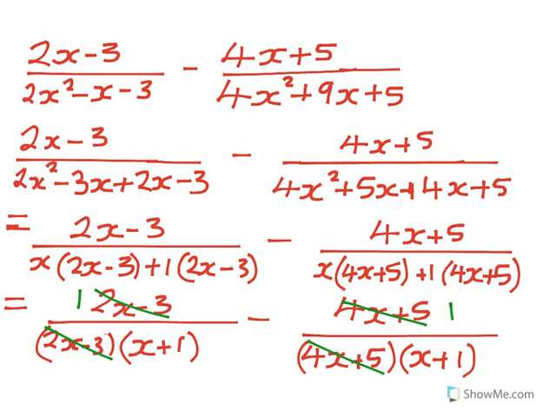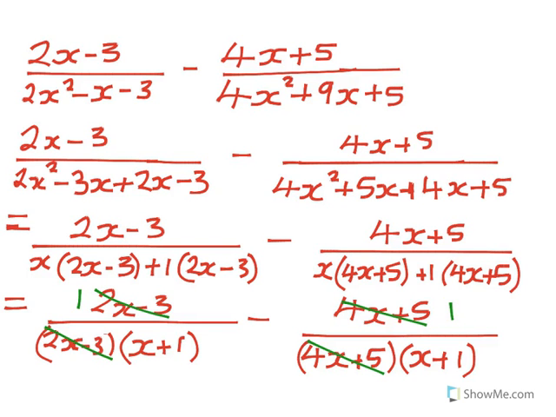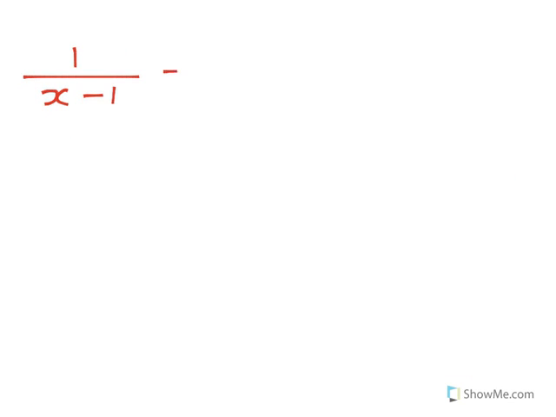So you're having 1 over x + 1, minus 1 over x + 1, and then the answer is 0, because 1 over x + 1 minus 1 over x + 1 will give us 0. So it worked out altogether to become 0.